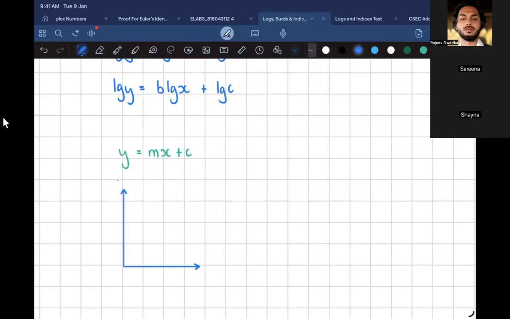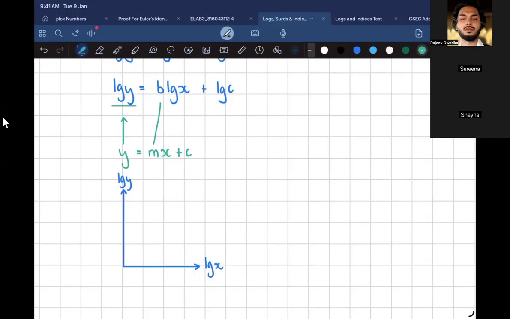Log y versus x. Think again. b log x. Wait, no, that's not correct. Let me show you why. Wouldn't log y be in place of y?